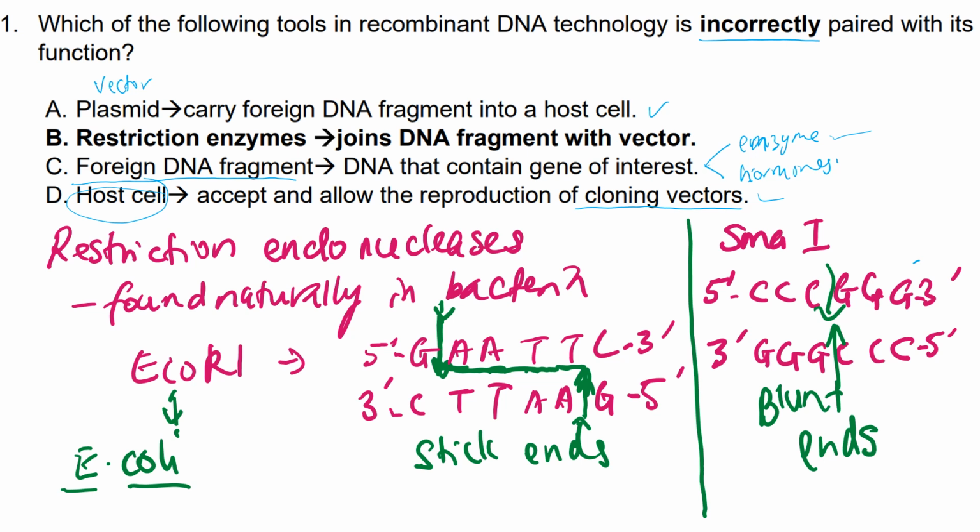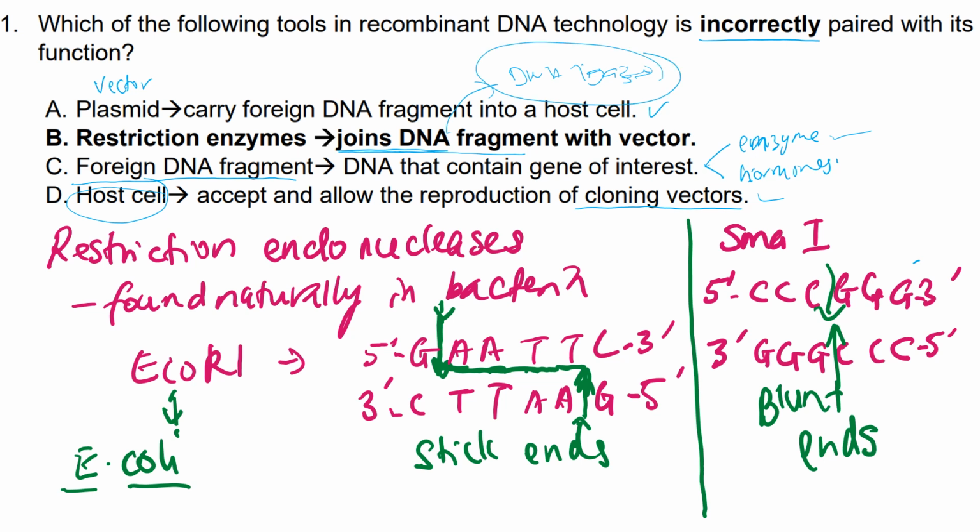So for statement B, restriction enzymes. It says here that restriction enzymes join DNA fragments with vectors. As you know, the enzyme that joins DNA fragments is actually DNA ligase. We looked at DNA ligase in chapter 1, DNA replication. The function of DNA ligase is to join, for example, Okazaki fragments into a continuous lagging strand during DNA replication.